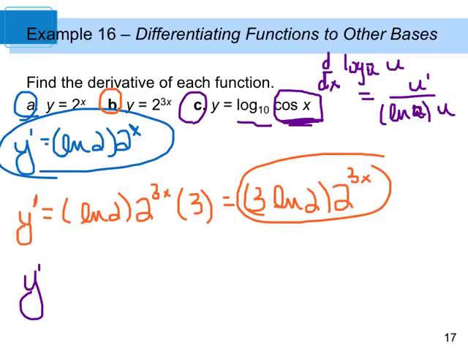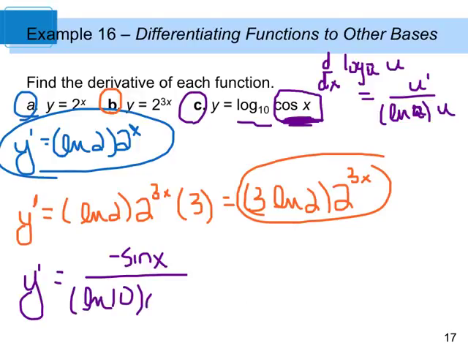So my u prime is the derivative of cosine x. My natural log of a is going to be the natural log of 10. And the u is just the original term that was here, which is cosine x.